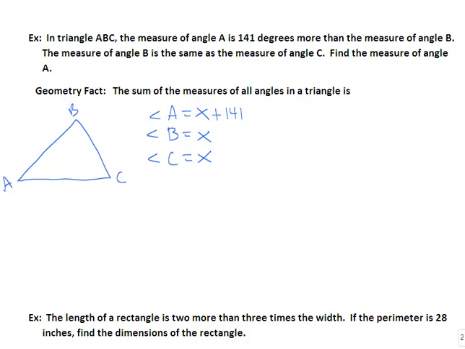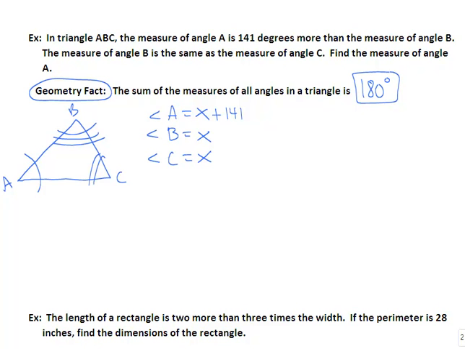What we need to do now to get our equation is use a geometry fact. The sum of the measures of all angles in a triangle is always 180 degrees, no matter what kind of triangle you have.